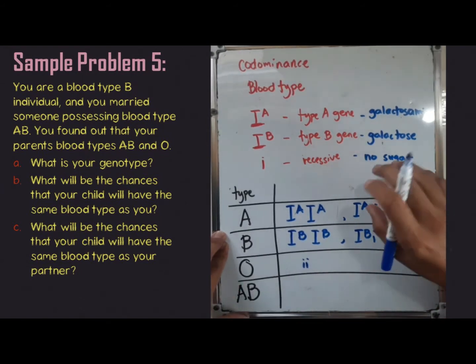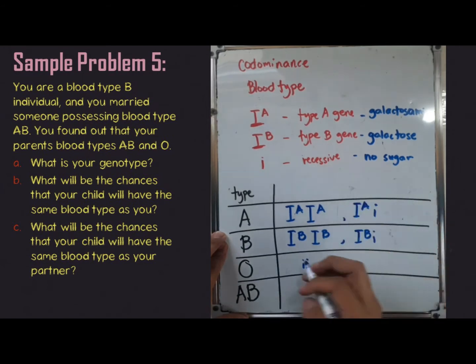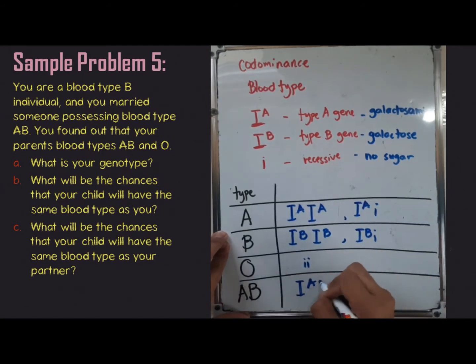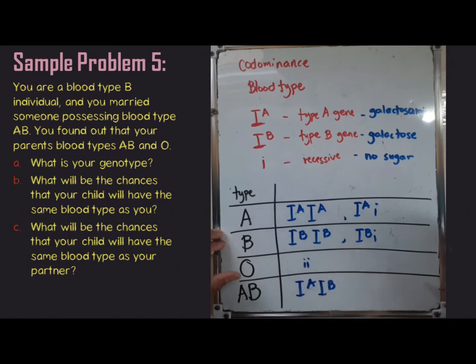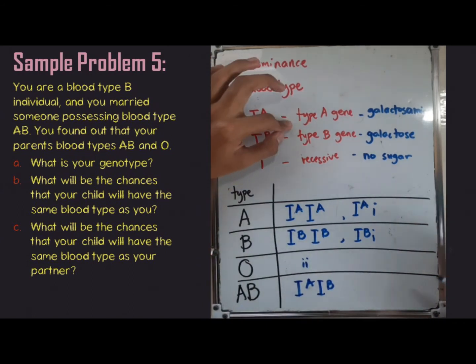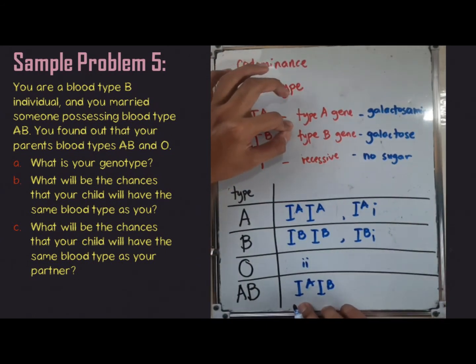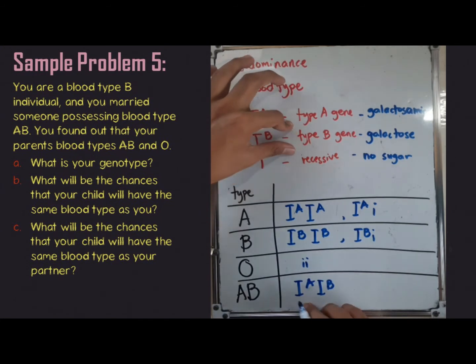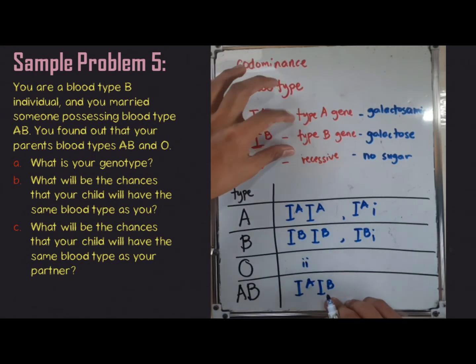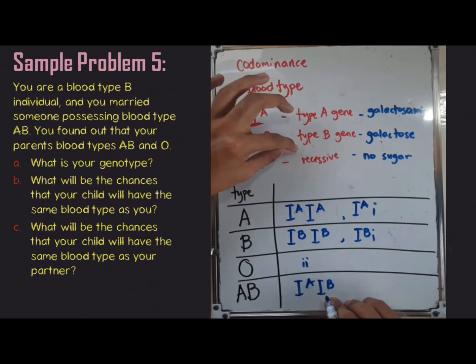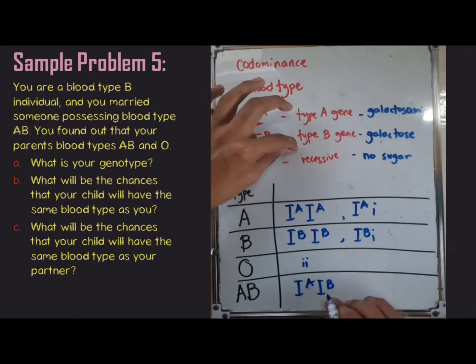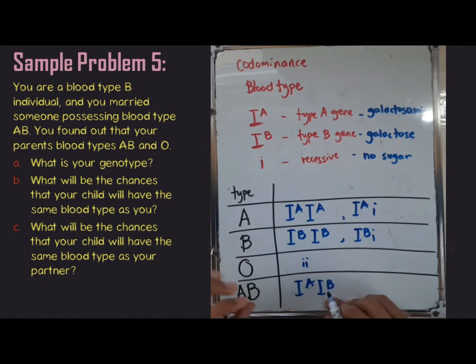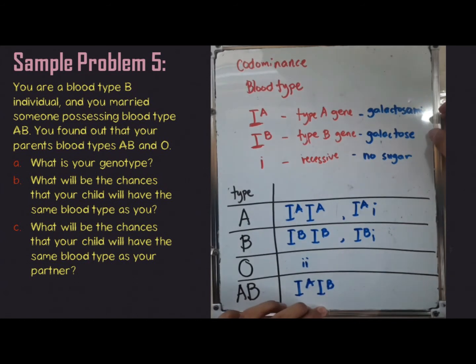That is the reason why this human would possess blood type AB, with the type A gene carrying the sugar galactosamine and the type B gene carrying the galactose sugar. So, people with blood type AB have both galactosamine and galactose sugar on the coating of the red blood cells.